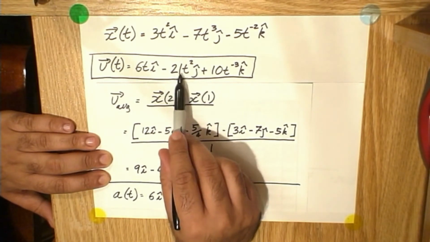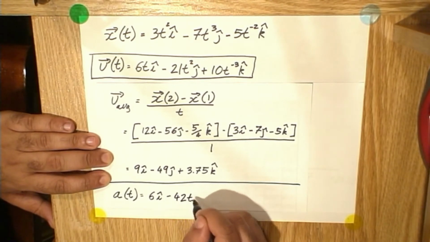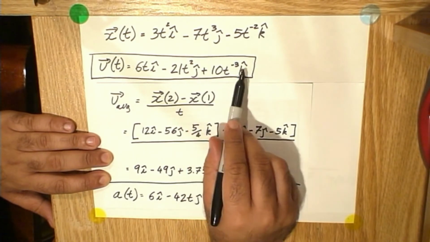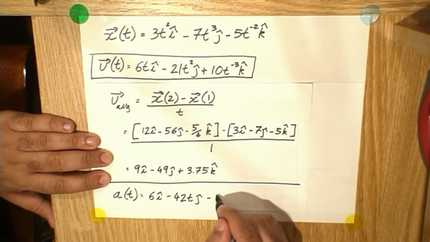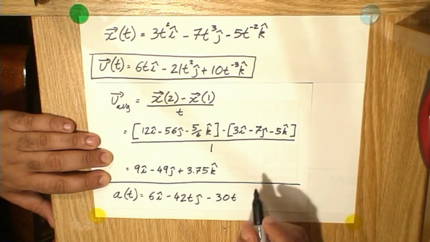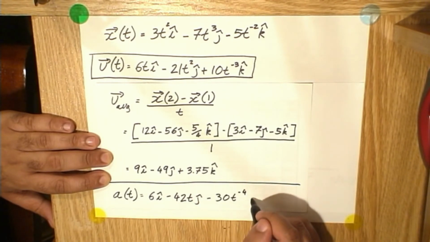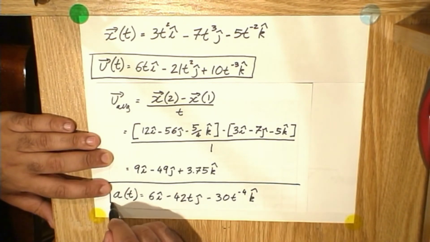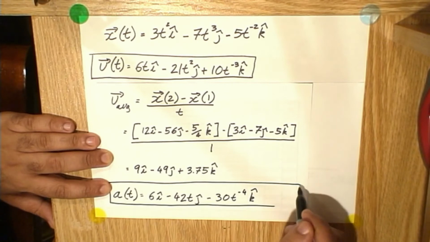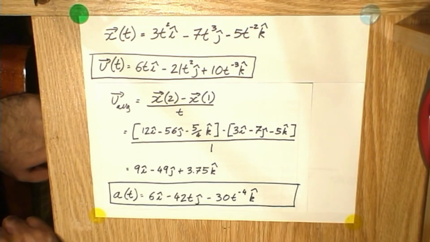The derivative of negative 21t squared would be negative 42t. Plus, 10 times negative 3 would give us negative 30, and this would get dropped from t to the negative 3 to t to the negative 4. So this would be our acceleration in terms of time.